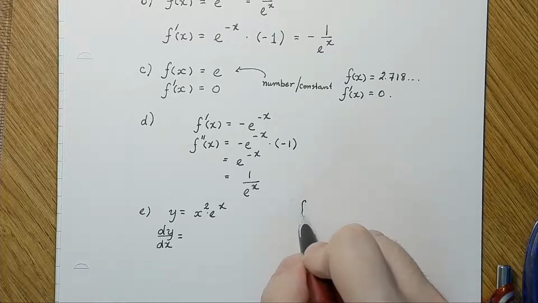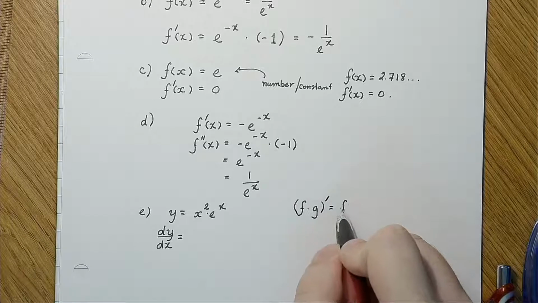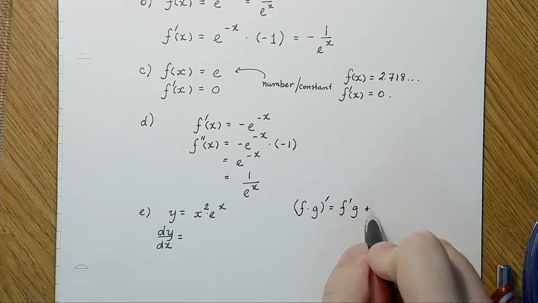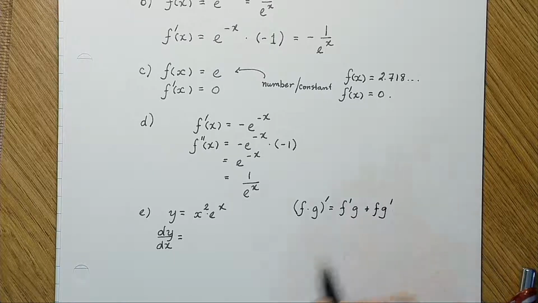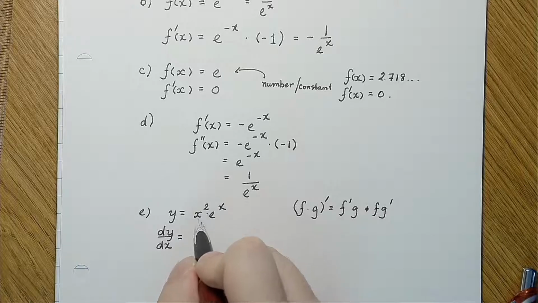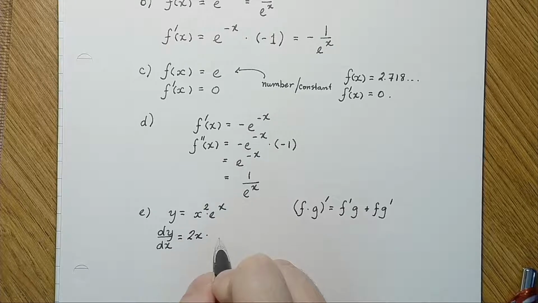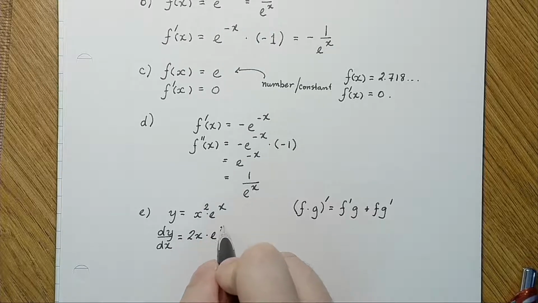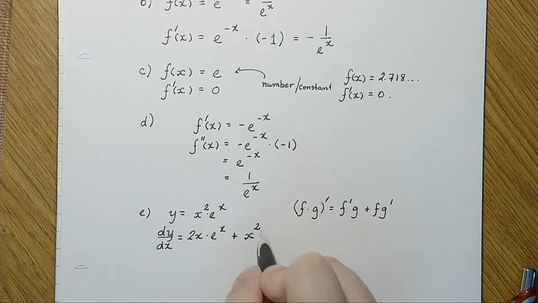If I have the product of two functions, it's the derivative of the first function times the second, plus the first function times the derivative of the second. So for this one, I have the derivative of the first function, 2x, times the second function left alone, plus the first function untouched times the derivative of the second function, which is, oh good, e to the x again.